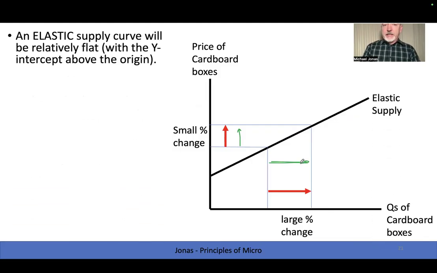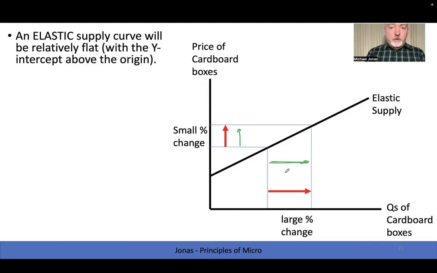That's going to be the picture of an elastic supply curve. You may recall we had this whole discussion on the demand side about the relationship between slope and elasticity, and technically along a linear demand curve, there are always going to be regions that are elastic and regions that are inelastic. That's not the case here on the supply side. So I'm not going to go through the math.